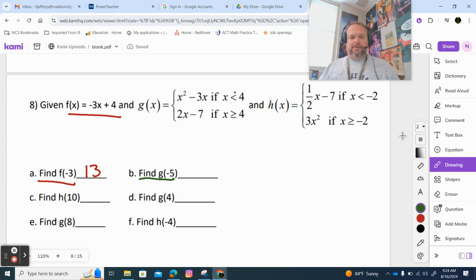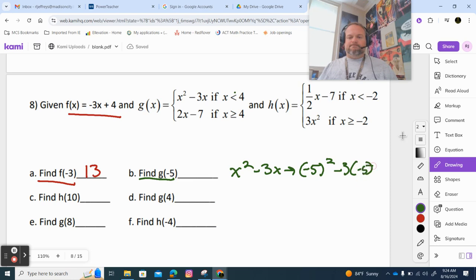Less than 4. So I'm going to plug it into this one. Okay, so it's going to look like this. That is very grossly written.